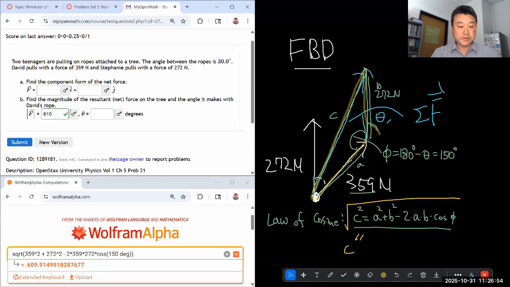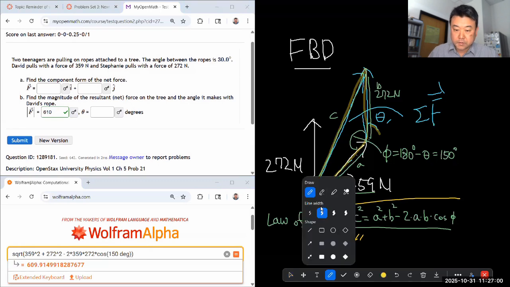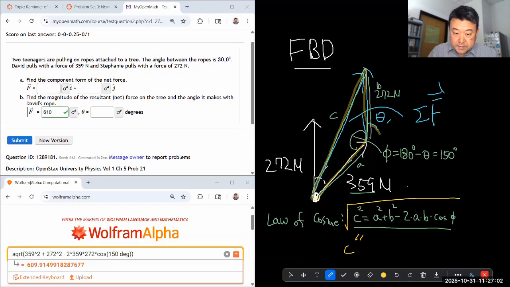Good? So now I need to figure out this angle here, the angle it makes with David's rope. So it's this angle here. Let me call that beta. It's the angle opposite side b here. Then there's something called the law of sines.